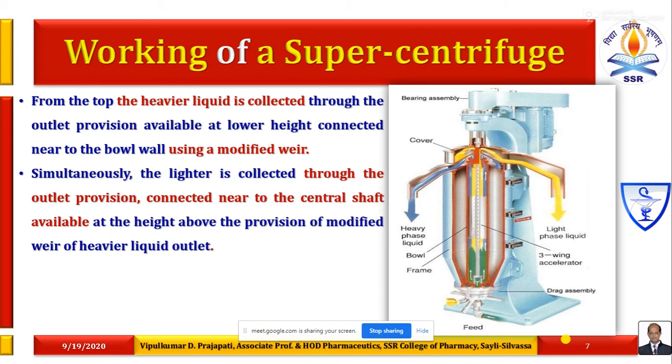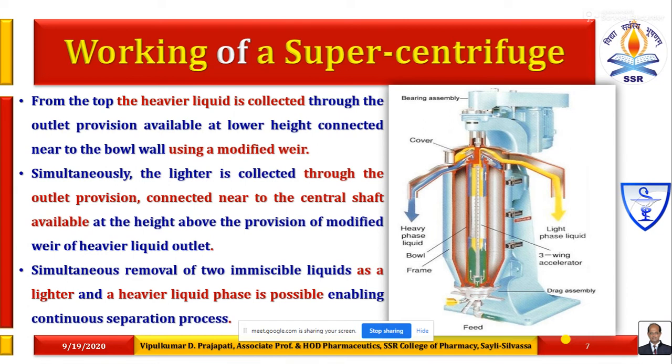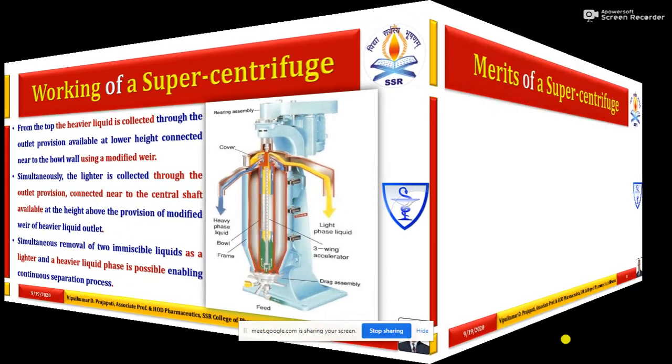In this way, the lighter liquid is collected in the tank receiver separately, and the heavier liquid is also collected in a separate tank continuously. So simultaneous removal of two immiscible liquids as a lighter and a heavier liquid phase is possible in a short period of time at high centrifugal effect, enabling a continuous separation process.